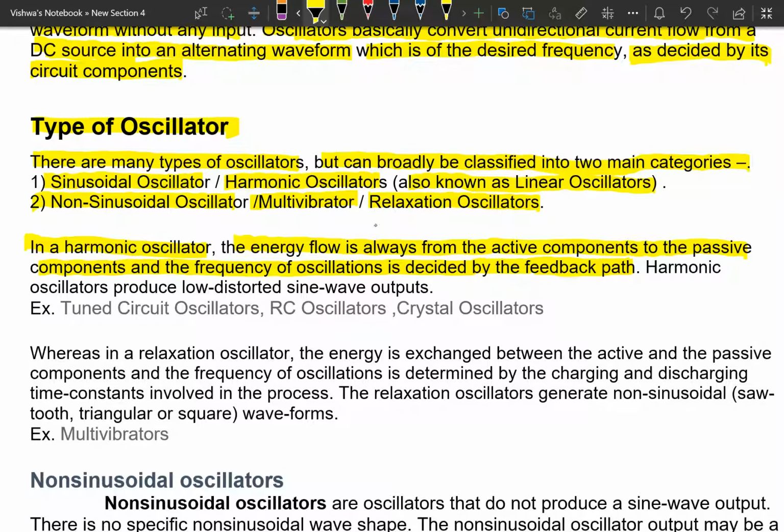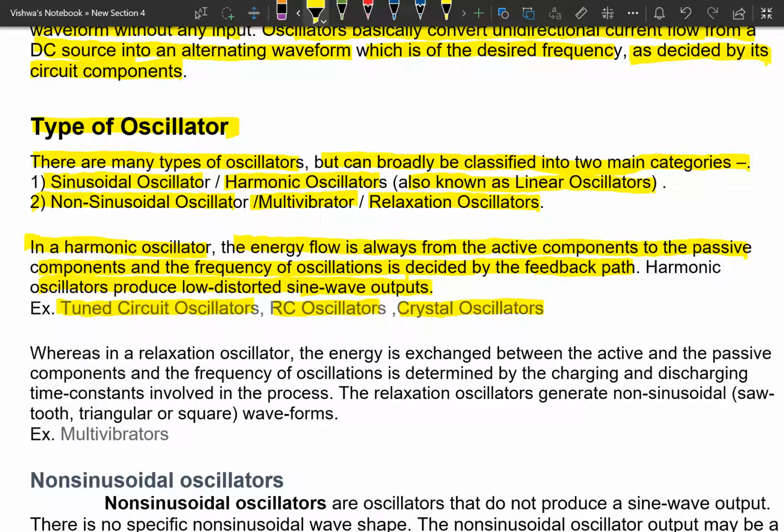Harmonic oscillators produce a low-distortion sine wave output. That's why we call them sinusoidal oscillators. Examples of sinusoidal or harmonic oscillators are tuned circuit oscillators, RC oscillators, and crystal oscillators.